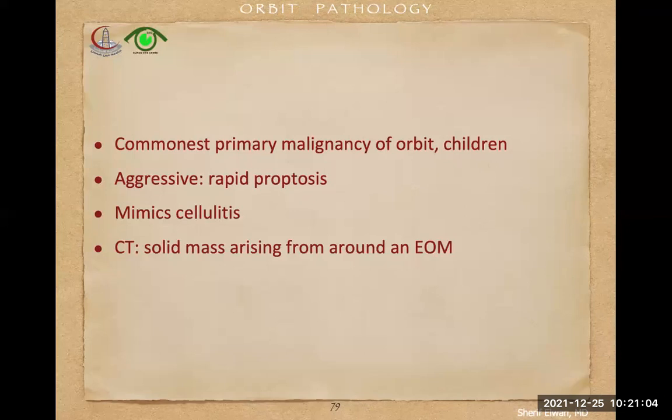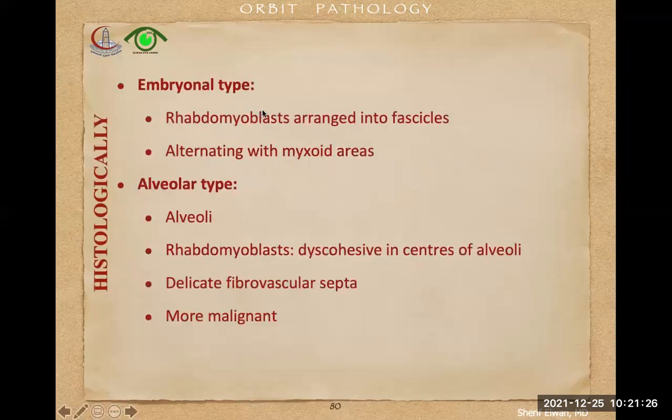It's very aggressive, rapidly growing, rapidly causing proptosis, and it mimics cellulitis. It presents like an orbital cellulitis. Because of the rapid growth, it may resemble cellulitis. On a CT, it's a solid mass arising from around an extraocular muscle.